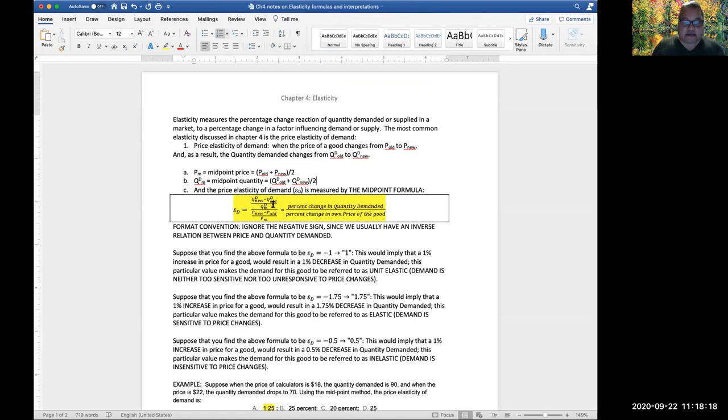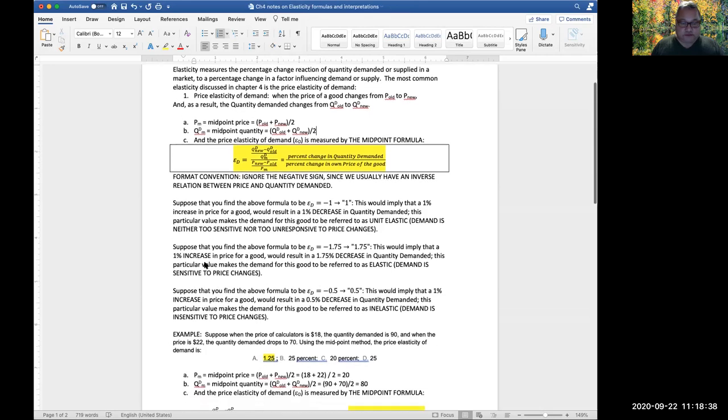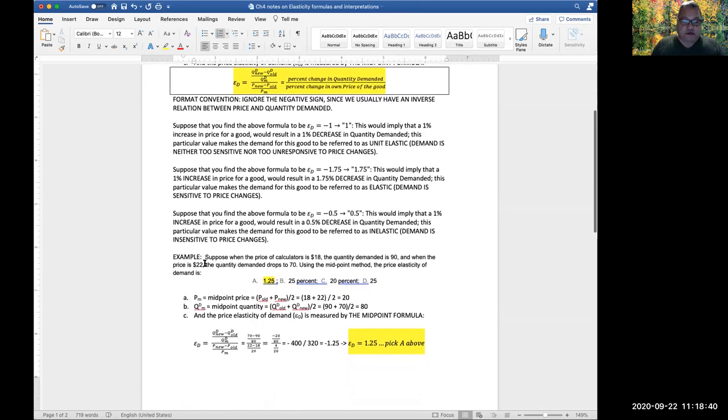That is how we compute the elasticity of quantity demanded due to a change in price, and we do that by following the ABCs of the calculation. Okay. So I'm going to cover the example in the notes.